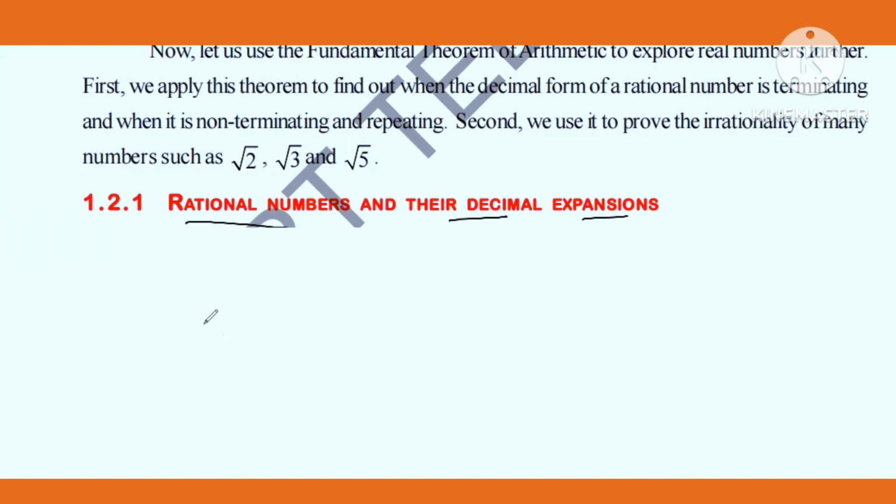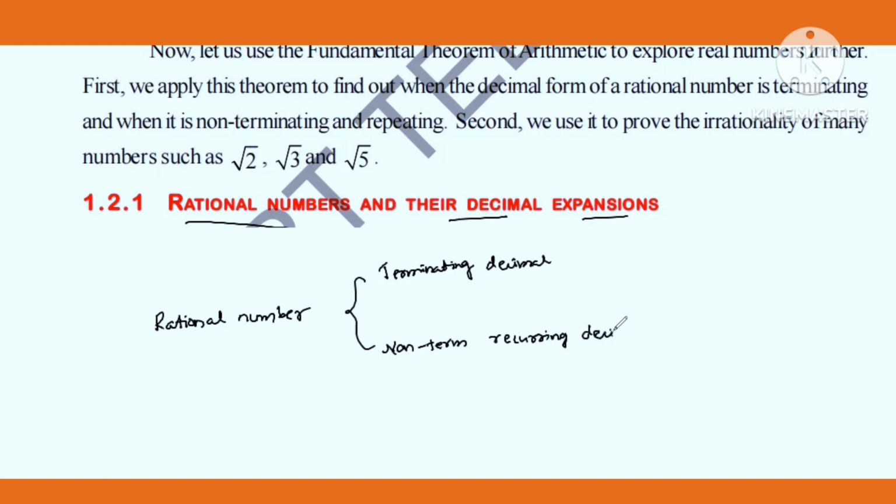But when you express a rational number in the form of decimal, we get either terminating or non-terminating recurring decimal.